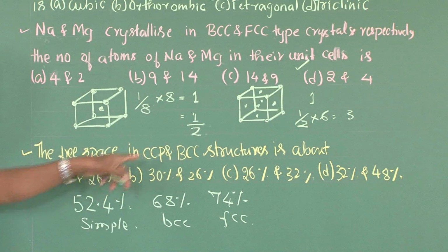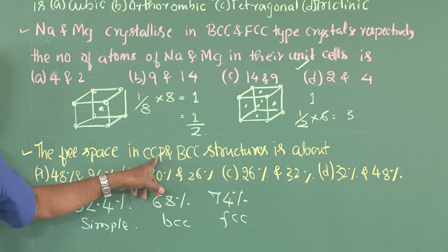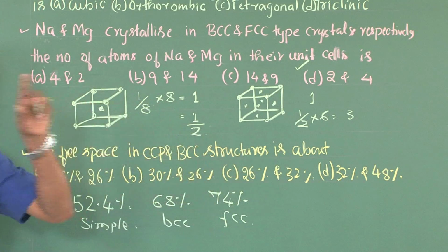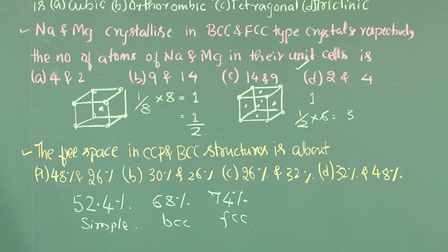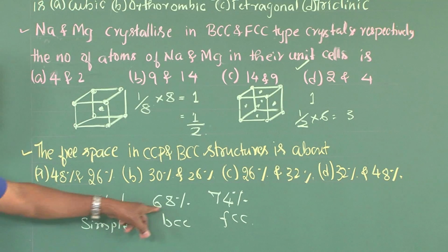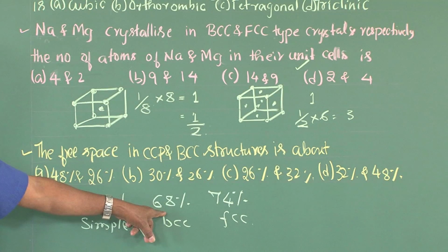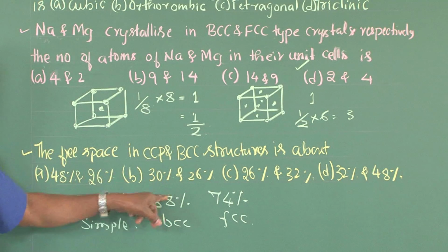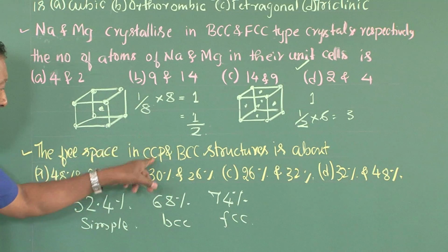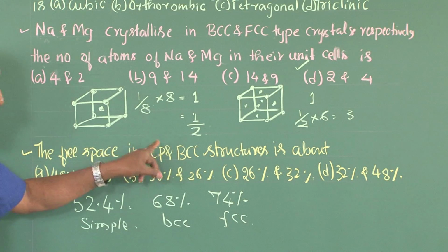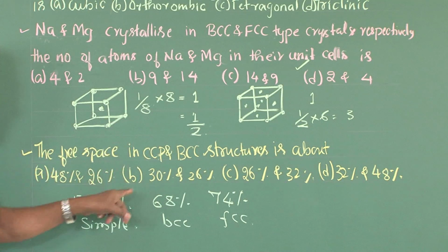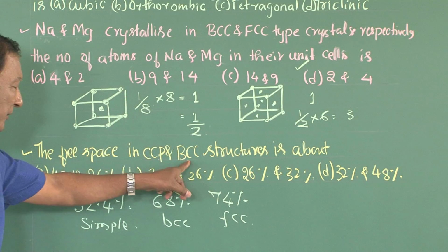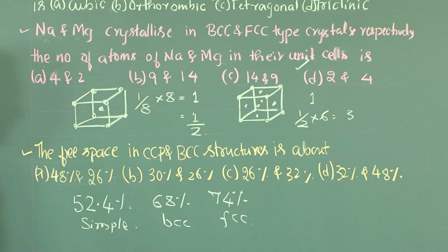Therefore, in the CCP structure, 74% is used and 26% is empty, while in the BCC, 68% is used and the empty space is 32%. Therefore, sequentially, CCP has the empty space of 26% and BCC has the empty space of 32%.